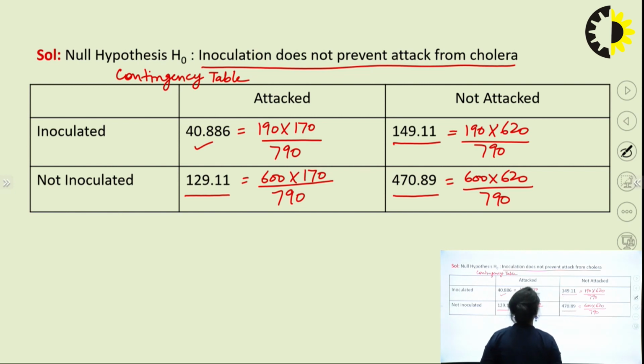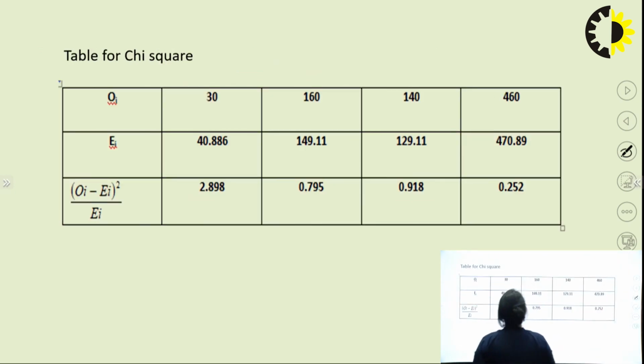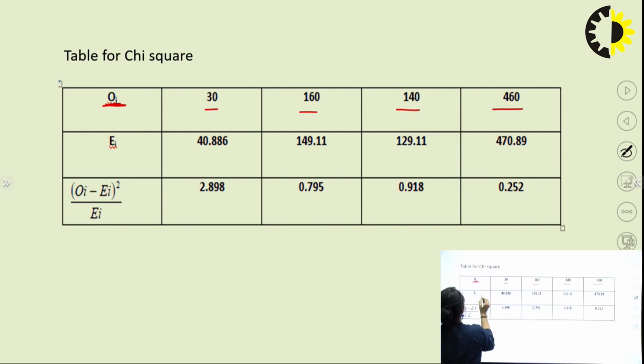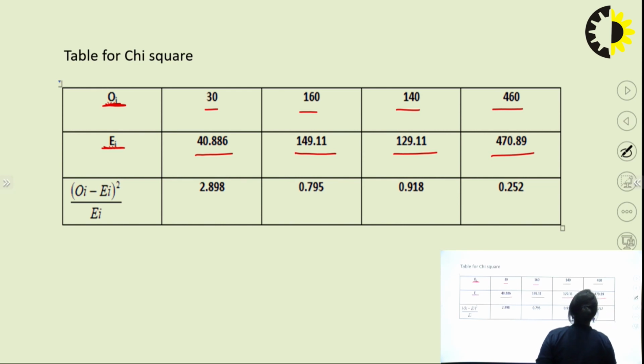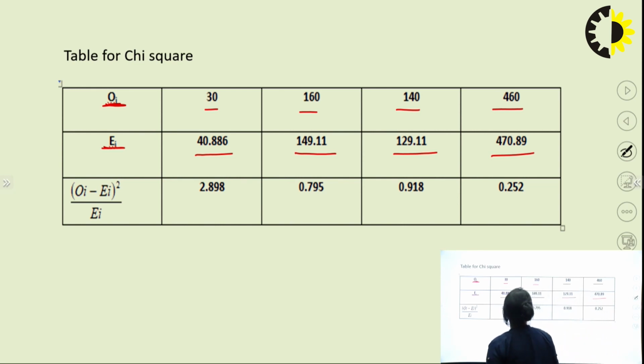Now with the help of these EIs, we will make the table of OI and EI. The table of OI is given to us: 30, 160, 140 and 460. Now we will consider the table for EI: 40.886 corresponding to 30, 149.11 corresponding to 160, 129.11 corresponding to 140, 470.89 corresponding to 460.